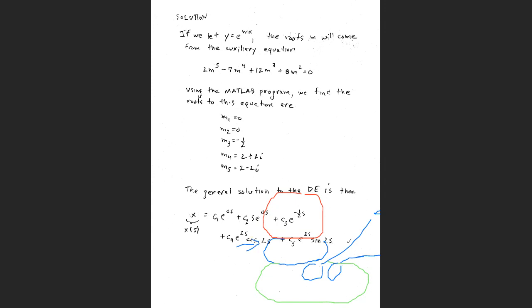What would your third part be? I would guess C3 s squared. Good, Justin. C3 times s squared times e to the 0s. And Hilong and Zachary agree, good. That's right, because you need linear independence of your solutions. So you have an s squared.